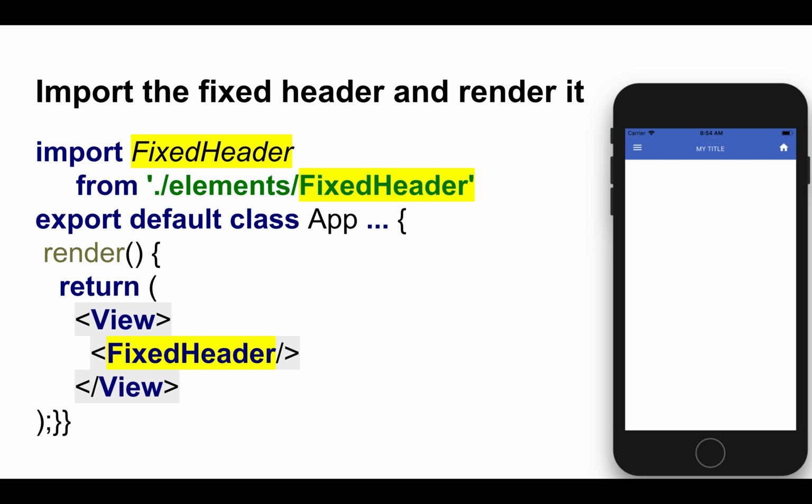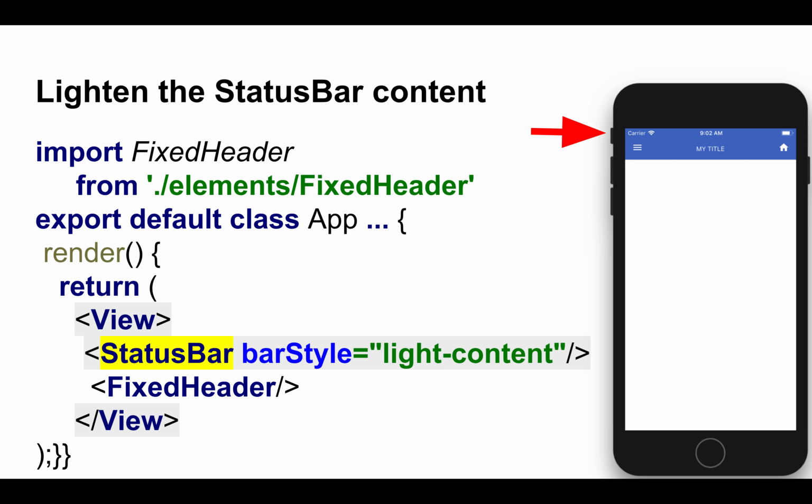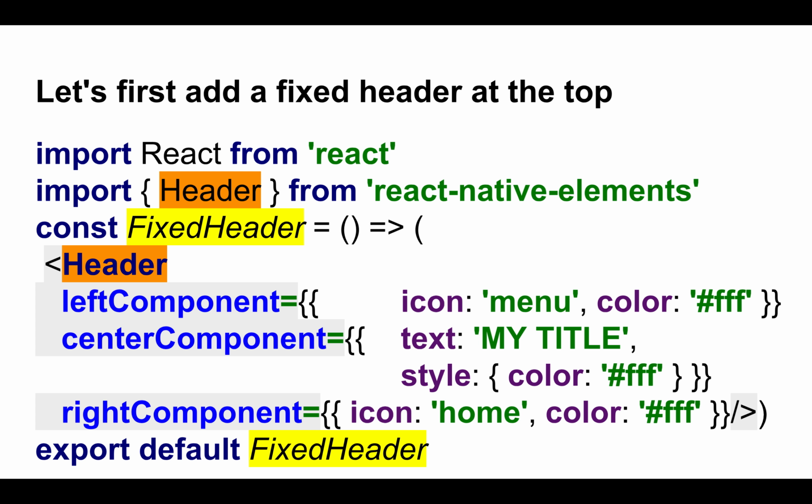That's pretty easy, and we're just going to use an element that already includes that, and we'll just follow along. It's called the header component, and it's part of the library React Native Elements. It's already there, and you just have to include it and render it.